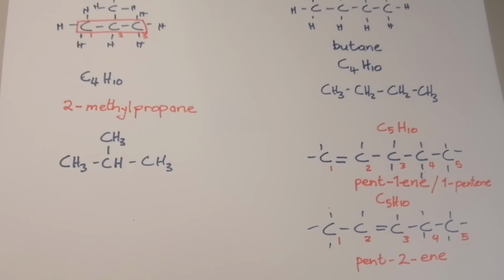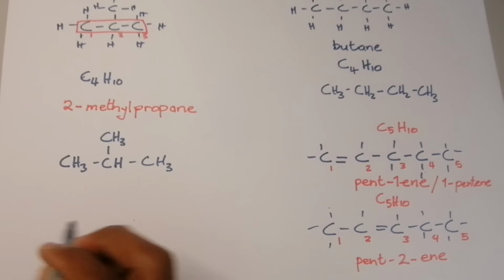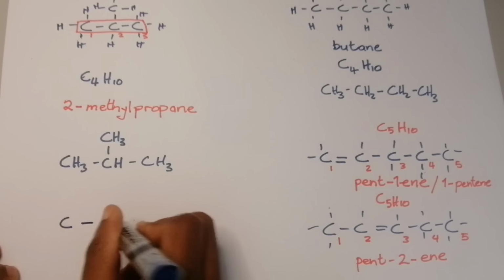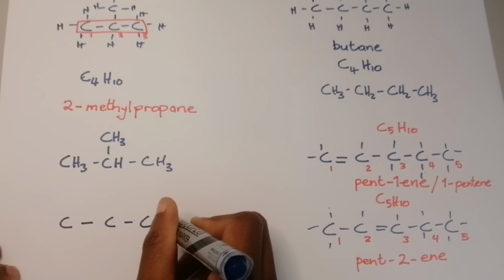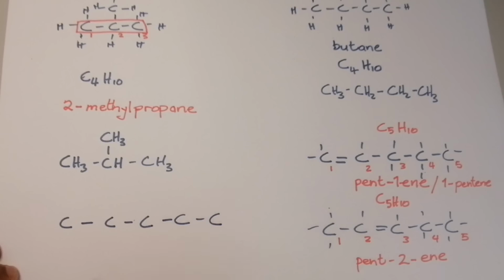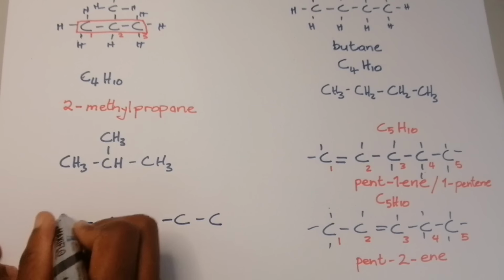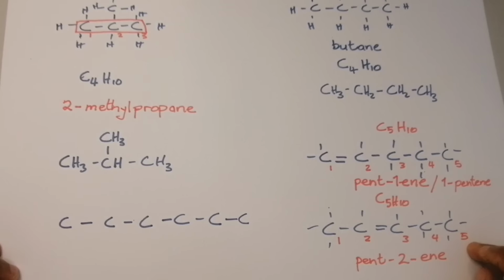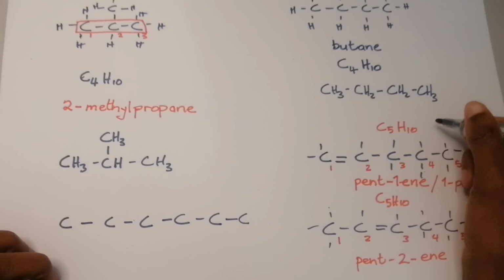Okay, right. Now, let's take something that looks a little bit different, before we combine all our things together. So let's say we take something like this. Oh, and by the way, how would you show this in condensed formula?